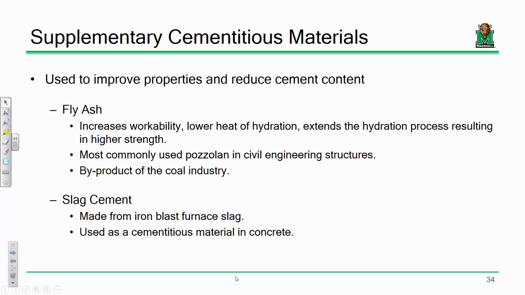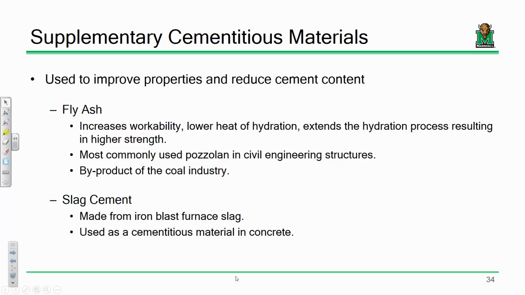One very popular and probably arguably the most commonly used supplementary cementitious material is fly ash. Okay, has anybody ever heard of fly ash? It's a byproduct of the coal industry. We're in West Virginia, so it can be somewhat more available in this area. It'll increase your workability. It'll lower your heat of hydration.